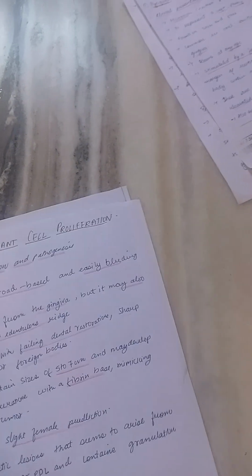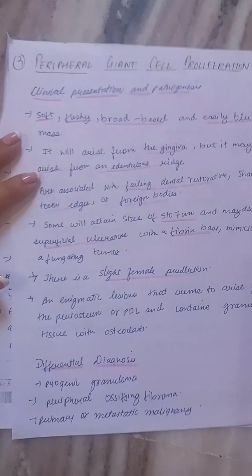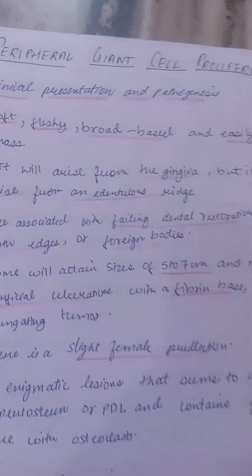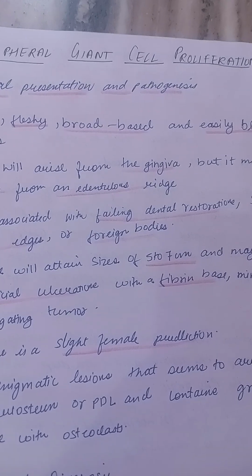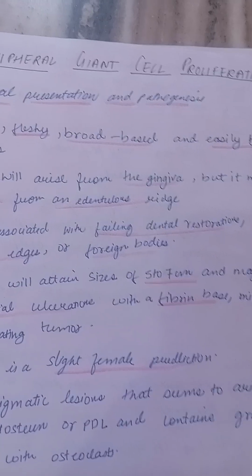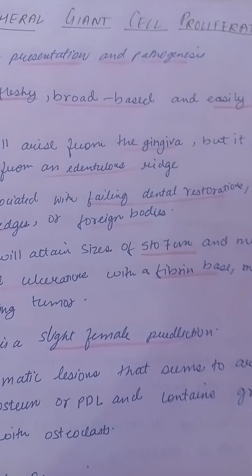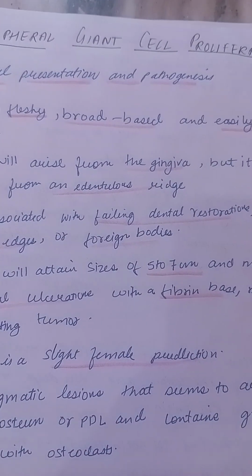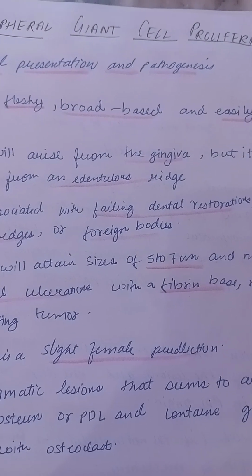Okay, now we'll start with the third, that is peripheral giant cell proliferation. So before starting this, let's revise the two of them. पहला था अपना pyogenic granuloma. ओके, पाइजेनिक ग्रैनुलोमा में हम लोग ने सबसे पहले देखा था कि it's a misnomer, it neither produces pus nor it is granulomatous. Second, we have seen that it is a soft tissue, fleshy, easily bleeding red mass.